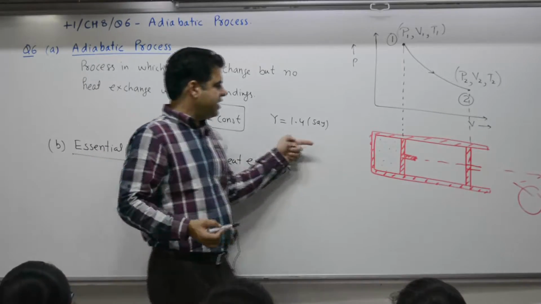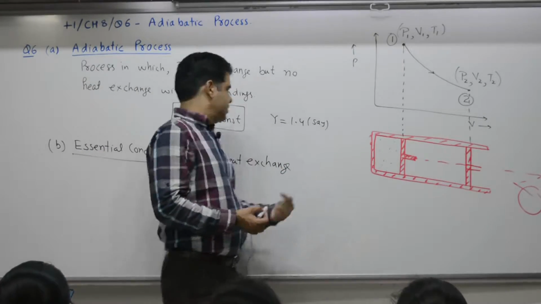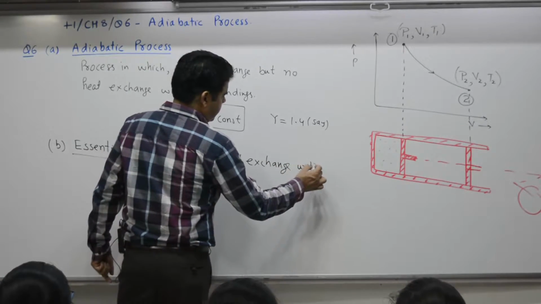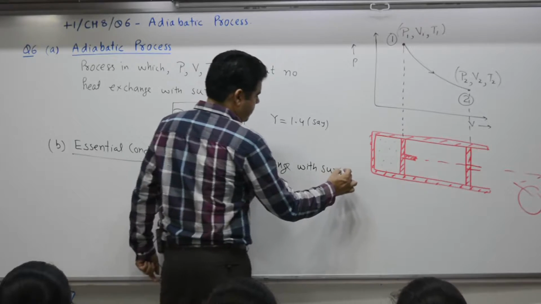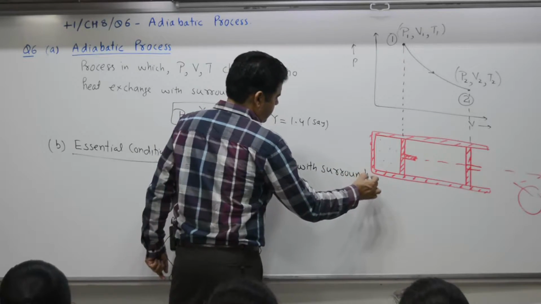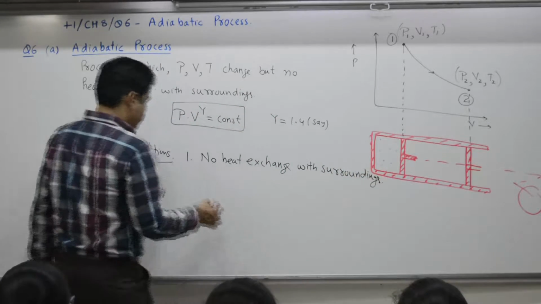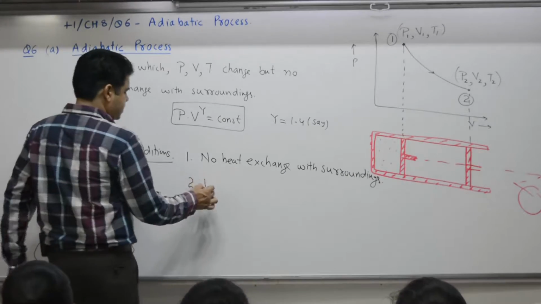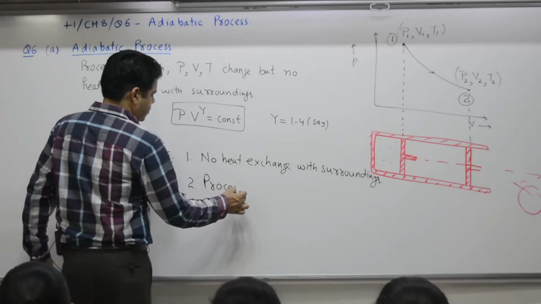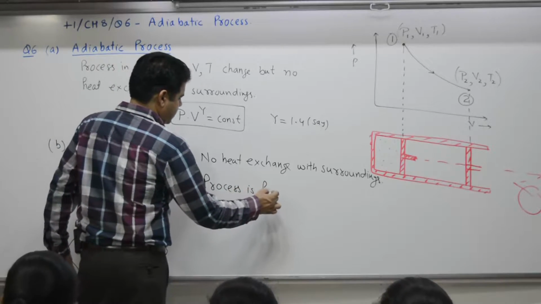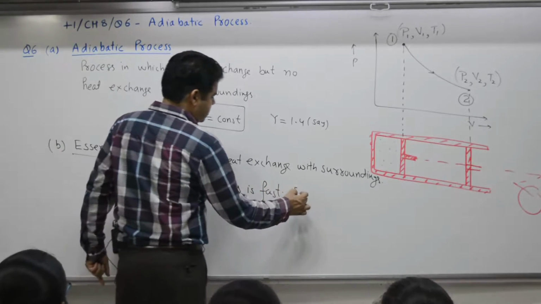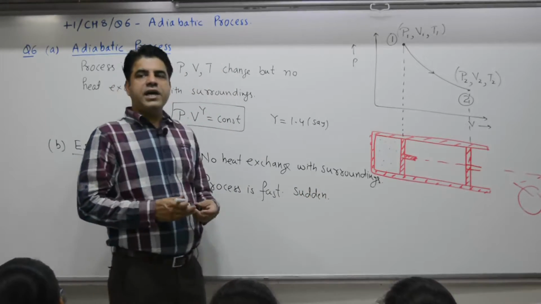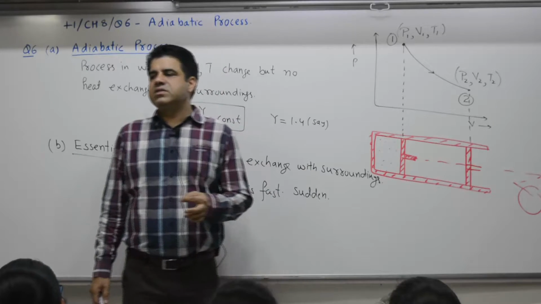Heat won't enter into or come out. So no heat exchange with the surroundings. Two, process is fast. Sudden. So fast that there is no time to exchange heat with the surroundings.